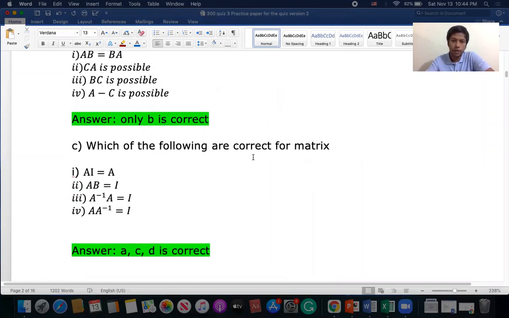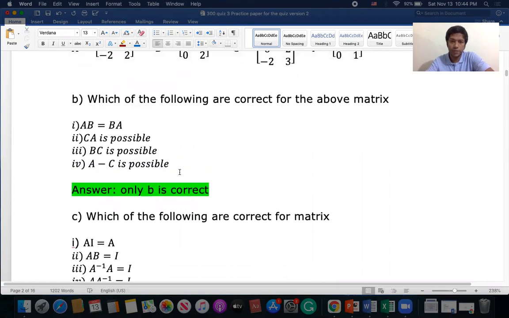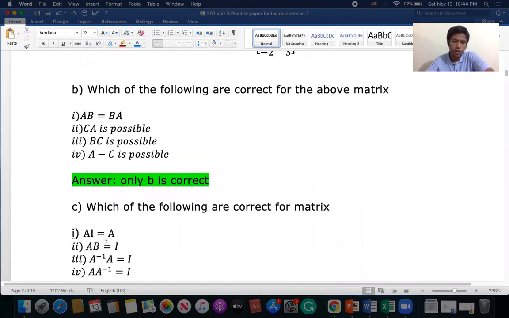Which of the following are correct for the matrix? Of course, you can use this matrix for help. So the first question is AI equals A. Is it correct? Answer is, actually, this is correct, because if we multiply any matrix by the identity matrix, then we will get that matrix back.